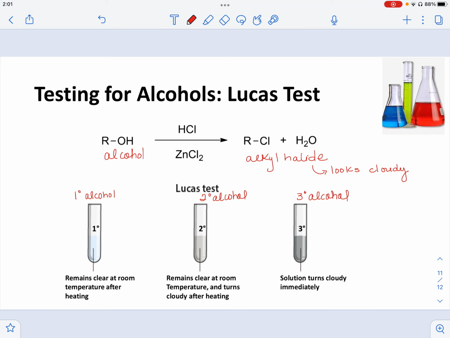Now, it is important to note that the way that you can distinguish a secondary alcohol from a primary alcohol is that if you heat the primary alcohol or the secondary alcohol, one of them is going to turn cloudy. And as you can see in the notes here, because cloudy is an indication of a reactive molecule, the secondary alcohol after heating will turn cloudy.